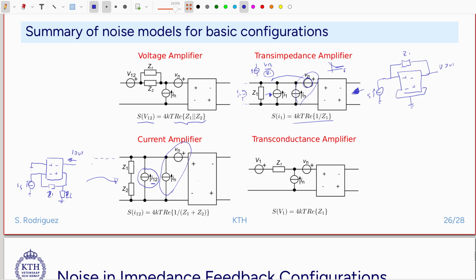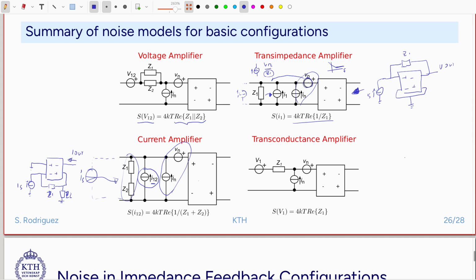This will be connected to the source that is here, that probably comes with its impedance, and whenever we divide Vn by this impedance, then we will also have some 1 over f noise that is going to appear.